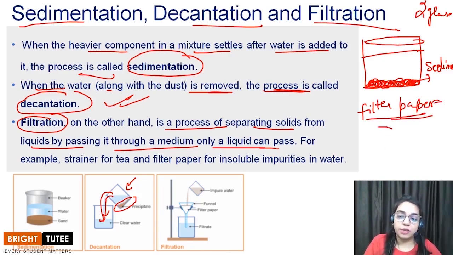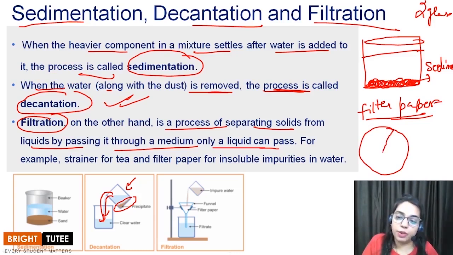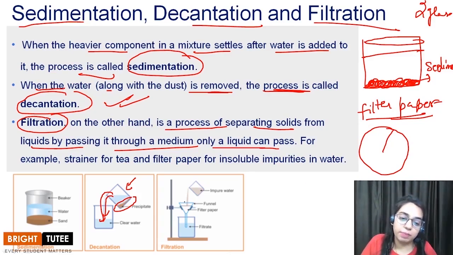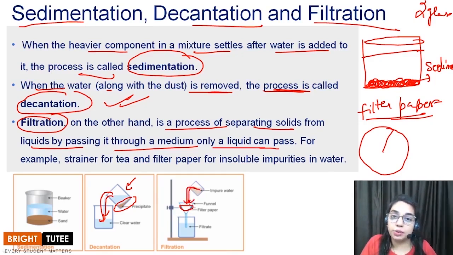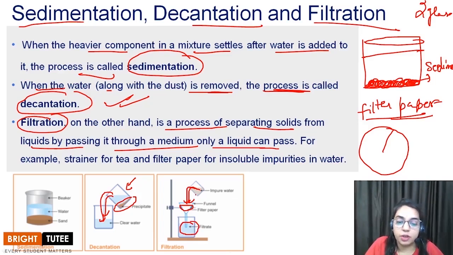For now, I am just telling you that we have a filter paper. It has small pores in it which allow only water to pass through, whereas the sand will be left behind in this paper. So we fold it in such a manner that it forms a conical shape, and we place this filter paper in this funnel. And now we will add the mixture of water and sand and allow it to pass through the filter paper, and we will observe that we can separate water from the mixture of sand. Sand will be left behind in the filter paper, whereas water can be collected in some other beaker.